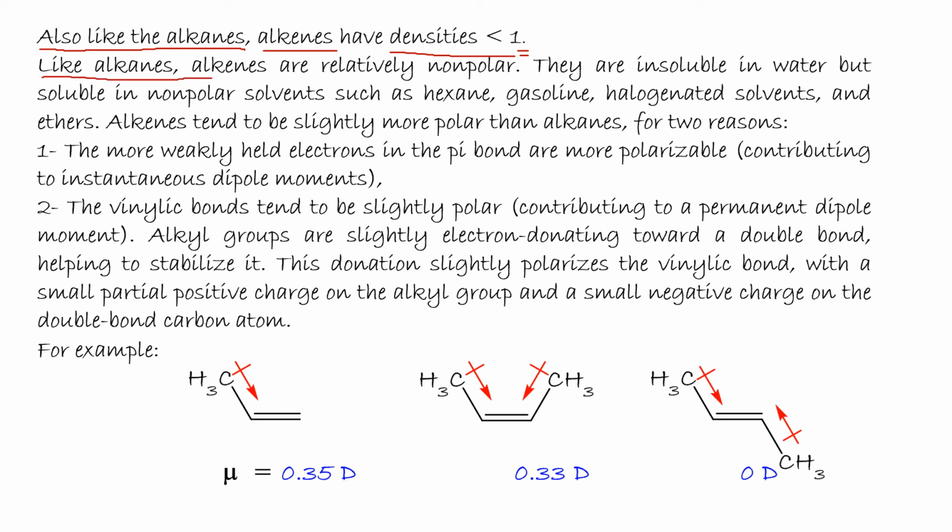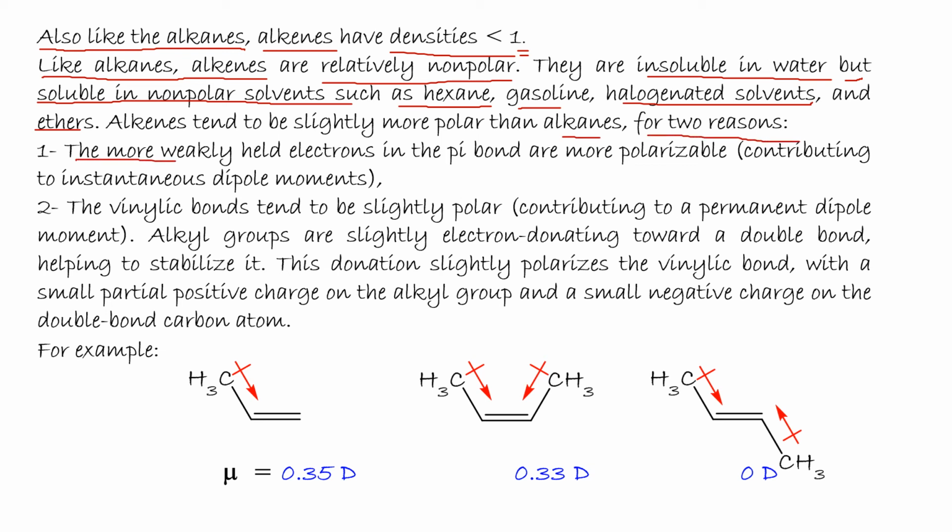Like alkanes, alkenes are relatively nonpolar. They are insoluble in water, but soluble in nonpolar solvents such as hexane, gasoline, halogenated solvents, and ethers. Alkenes tend to be slightly more polar than alkanes for two reasons.